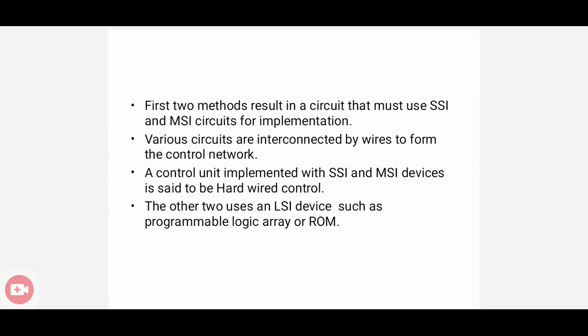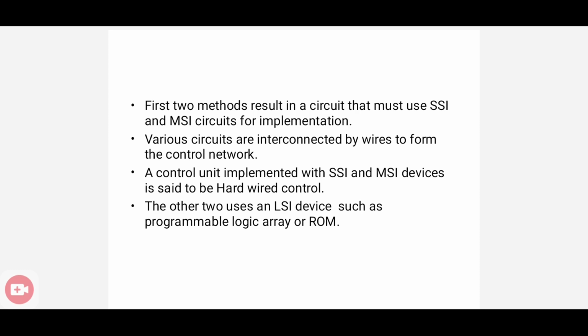The first two methods, the flip-flop per state method and the sequence register and decoder method, use SSI and MSI circuits for implementing. Also, these circuits are interconnected by a number of wires.